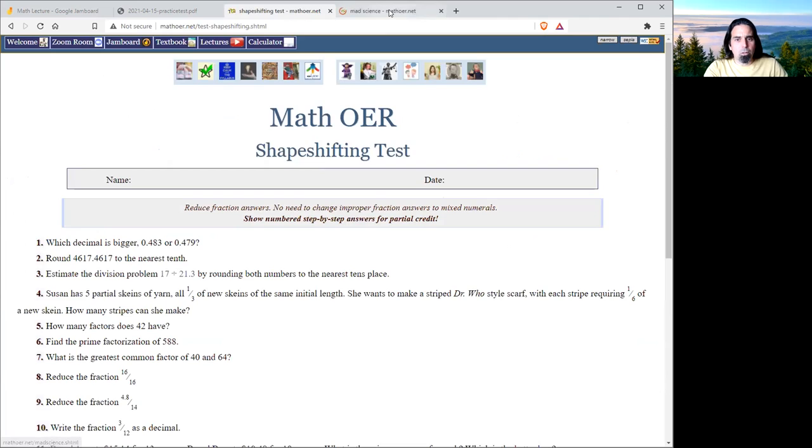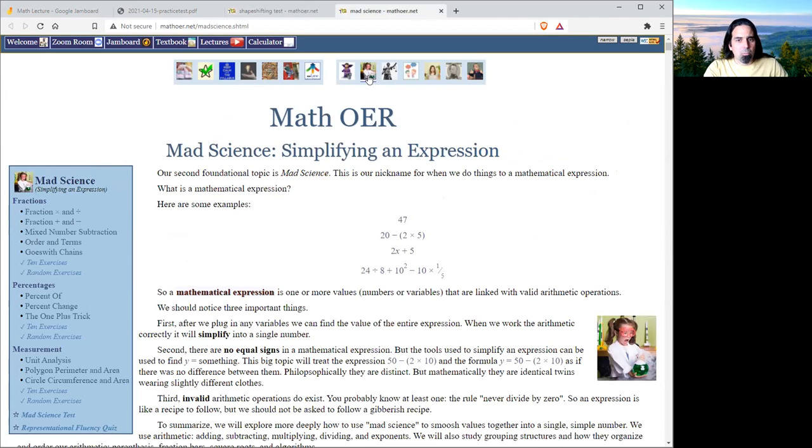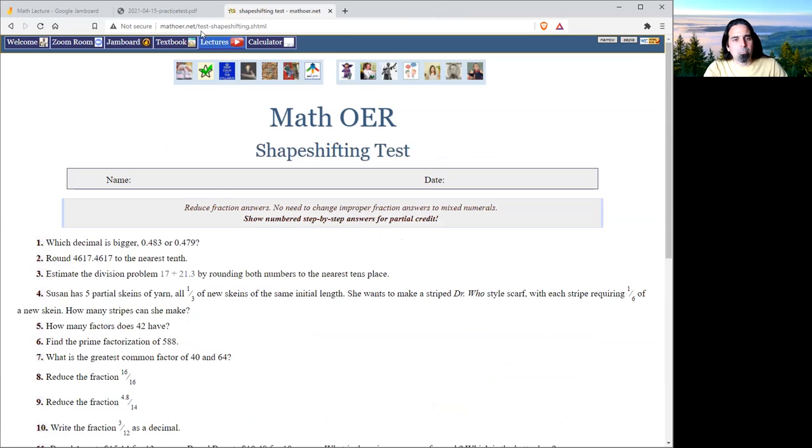Because in the future, once we start talking about the mad science topic, we've done fraction arithmetic, and really all we needed from shape-shifting was changing fractions to have desired denominators, factors, unreducing. But once we start getting to this other stuff, we're going to use a lot of our earlier material. So let's get it solid before we need it.